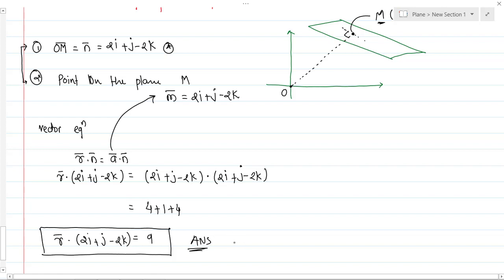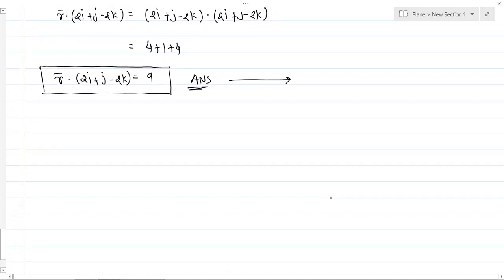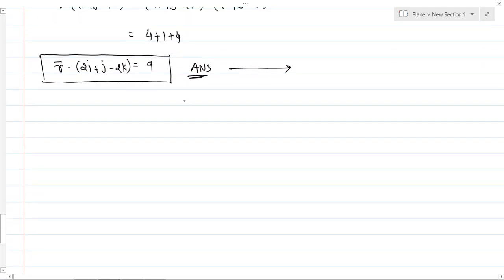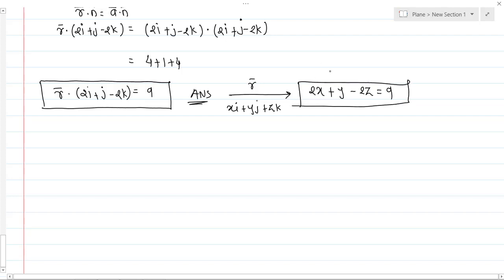How will we write the same equation in Cartesian form? Just now I told you the trick. Just replace r bar with xi plus yj plus zk. You will get 2x plus y minus 2z equals 9. Take this as an assignment and cross verify this answer.